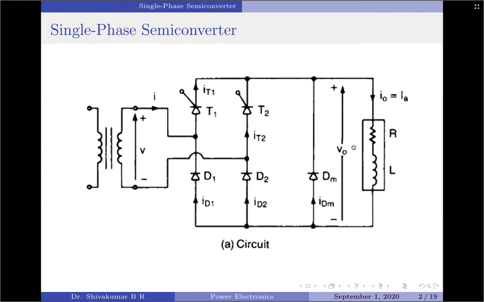So the inductive load will be controlled with the use of the freewheeling diode. That is, when none of the devices conduct, then the current across the load will continue to flow because of the freewheeling diode that is used here.